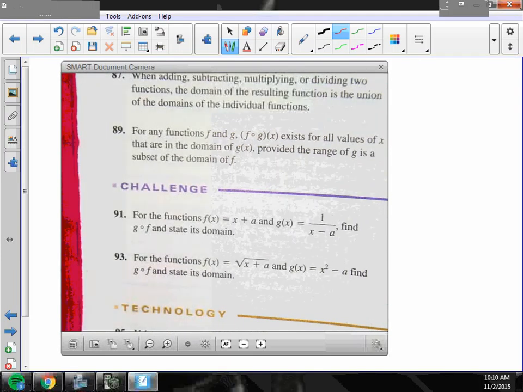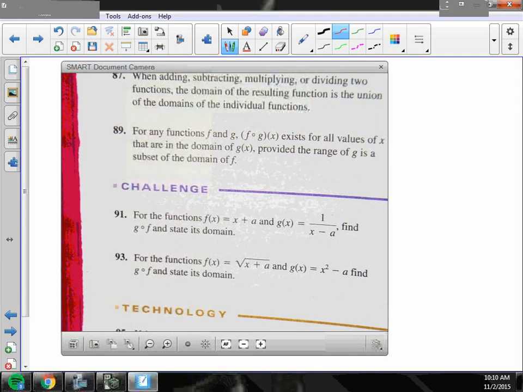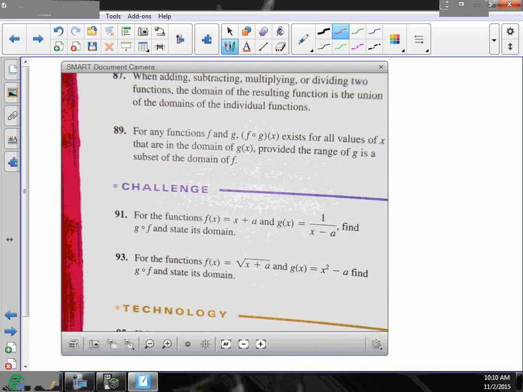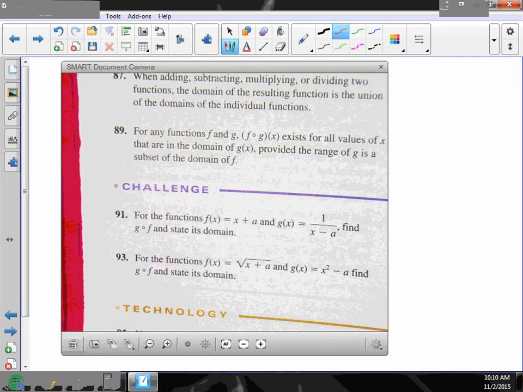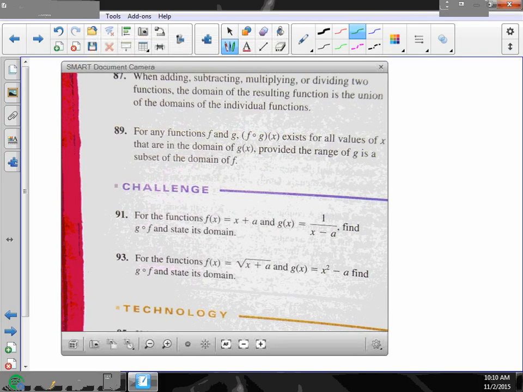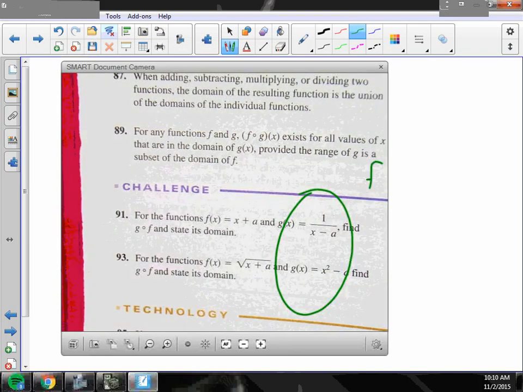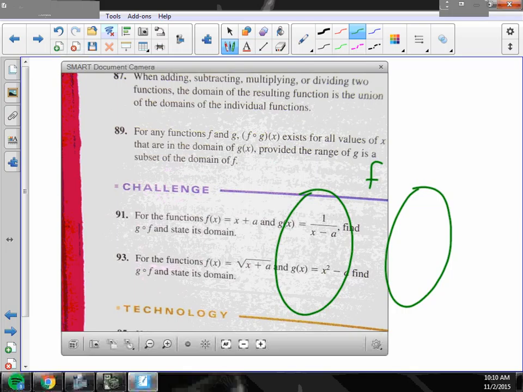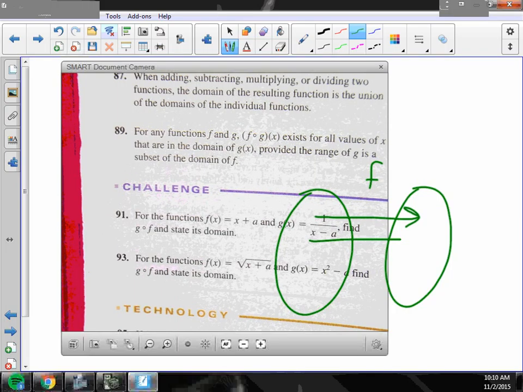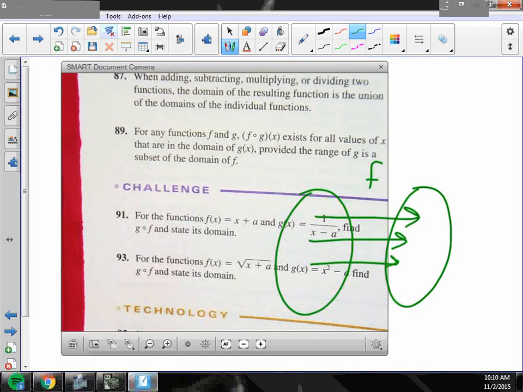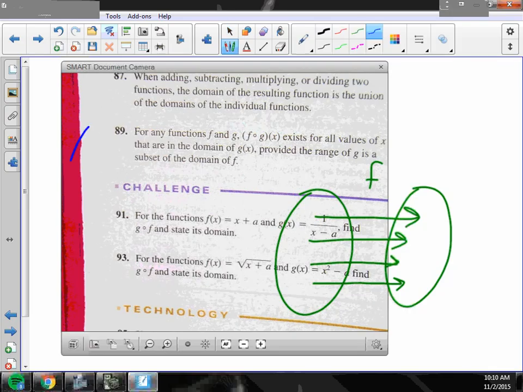For any functions f of g exists for all values of x that are in the domain of g of x, provided that the range of g is a subset of the domain of f. Wow, that was tough. So let's do this. This is f, and we're drawing lines across here. Then we have g.